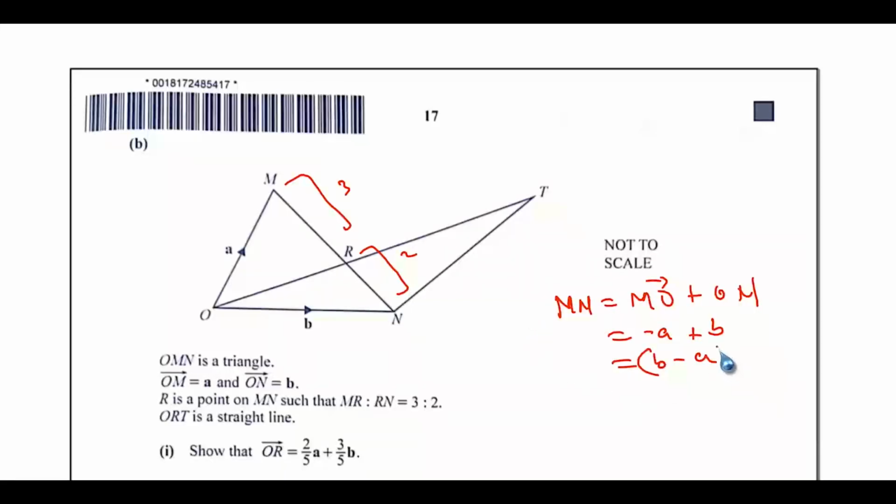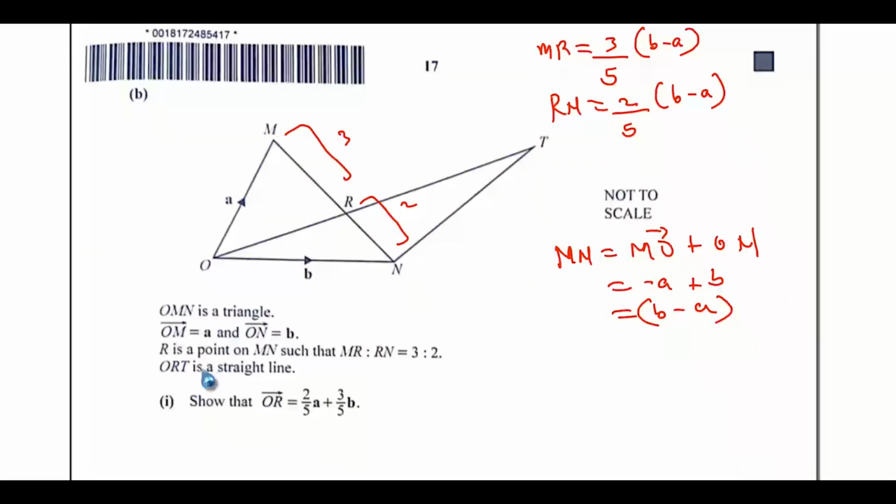Since vector MN is B minus A, from here you can get vectors MR and RN respectively. So let's write it up here. MR will be equal to the ratio of MR, which is 3 over total ratio 5, multiplied by vector MN, the total length, so B minus A. So that is vector MR. Vector RN will be equal to the ratio of RN, which is 2 over total ratio 5, multiplied by B minus A. It's always good to do this, it helps a lot.